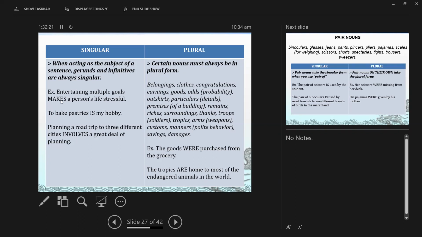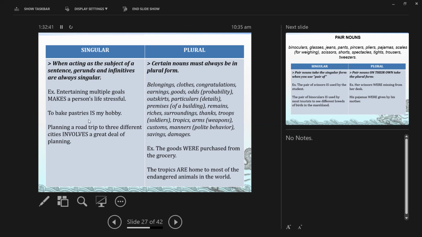That's why the singular form of make is with an S, makes. For example, she makes a cake. She makes ice cream. Entertaining makes, okay? We're talking about entertaining.